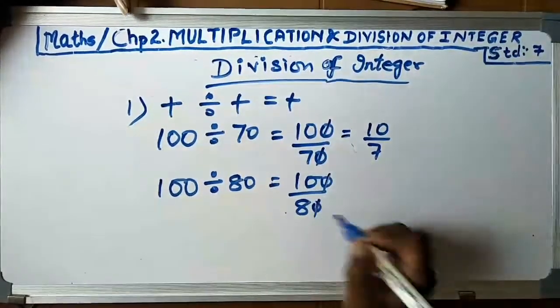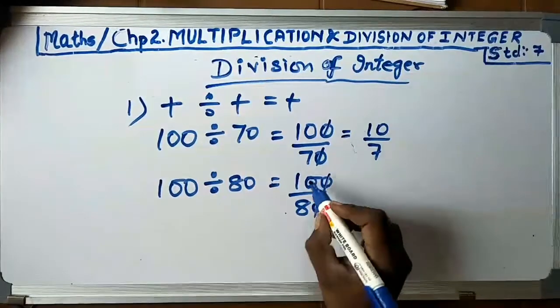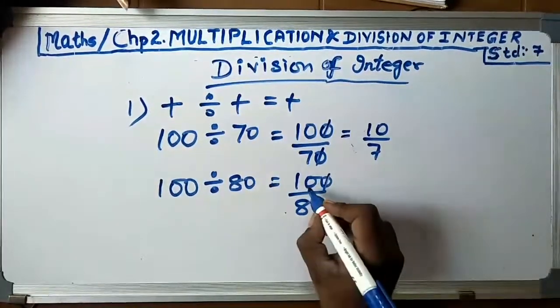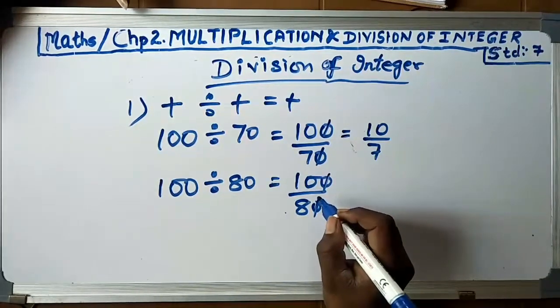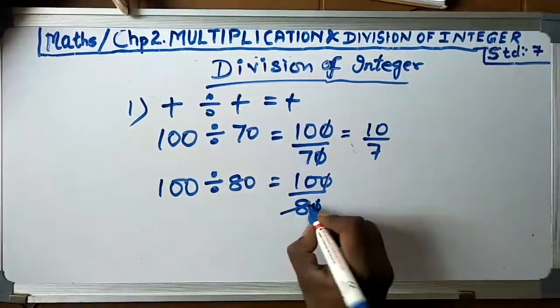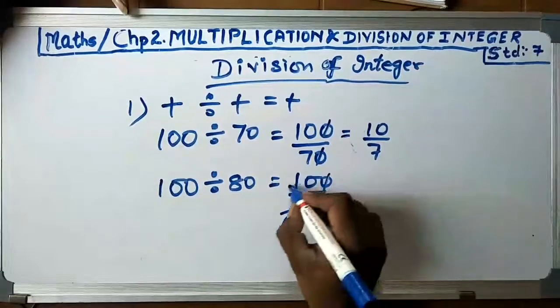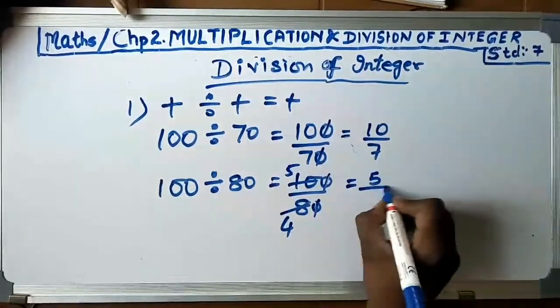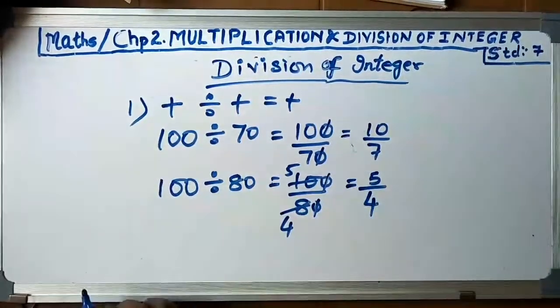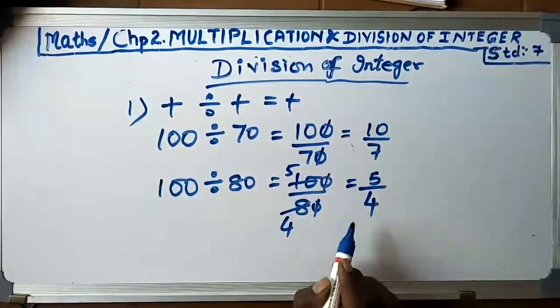So 0 and 0 cancel. 10 and 8 are remaining. 10 and 8 go in which table? Commonly, they go in the 2 table. So 8 goes in the 2 table 4 times. 10 goes in the 2 table 5 times. So the answer is 5 upon 4. It is plus 5 upon 4.